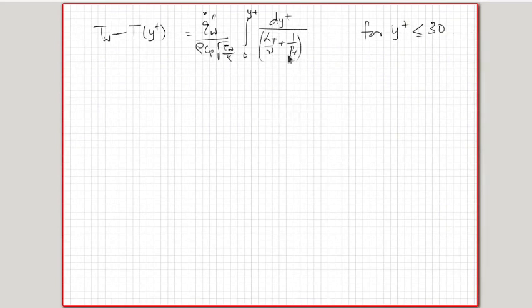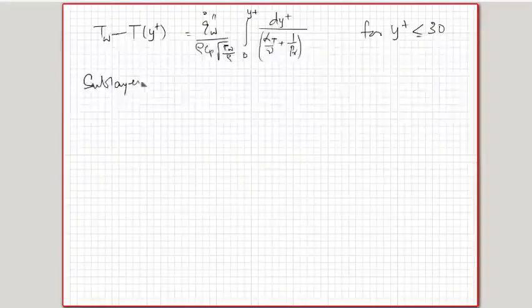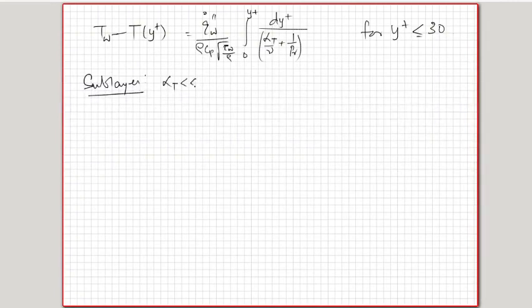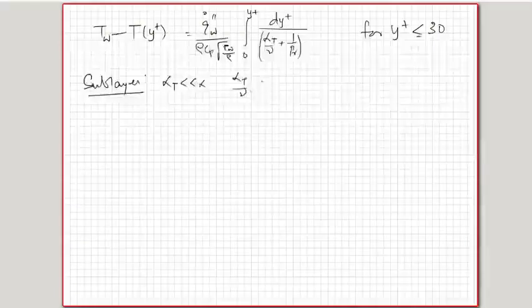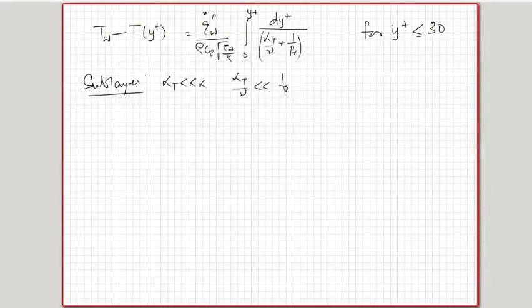Okay, because we are integrating this in the range between 0 to y plus, from wall to the buffer layer. Okay, so now here in the sublayer we can say that alpha t is much less than alpha, so alpha t by nu is much less than 1 by Pr. So I can neglect this term.